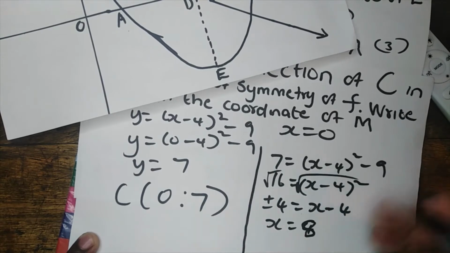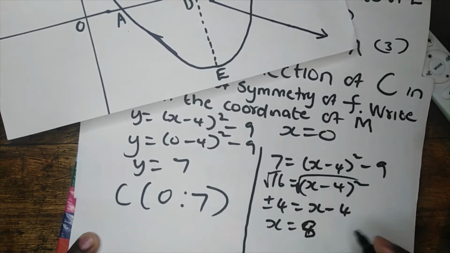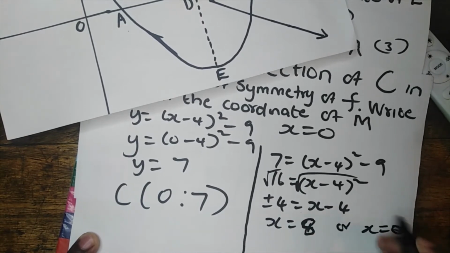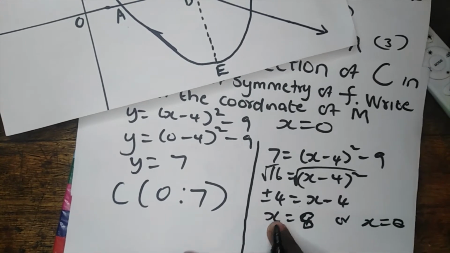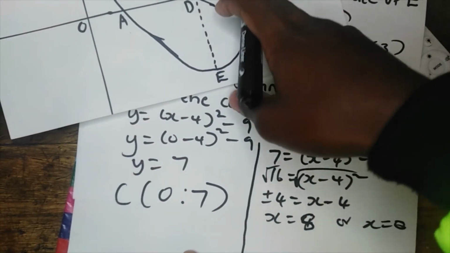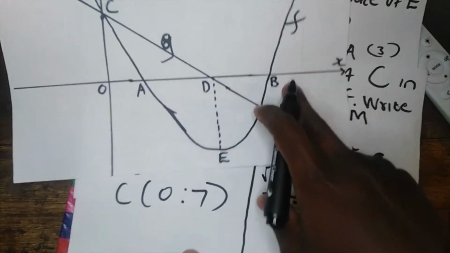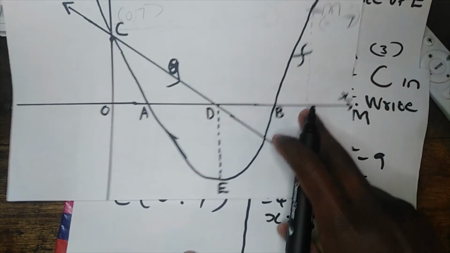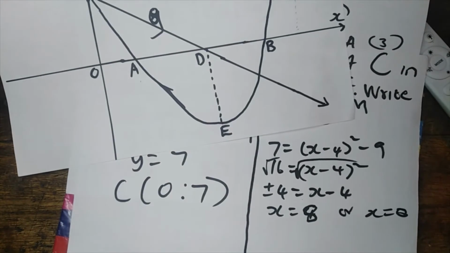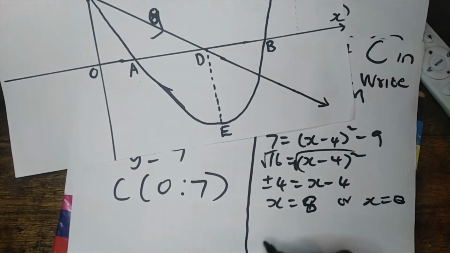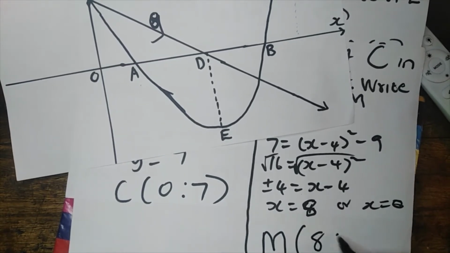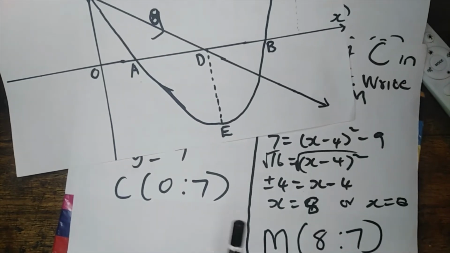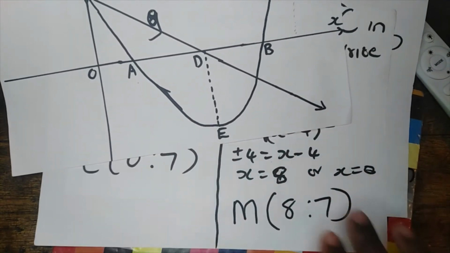For the other one, x minus 4 equals negative 4, so x equals 0. But you don't need this one, you need 8, because it makes sense for y equal to 7. So the coordinates of M are (8; 7).